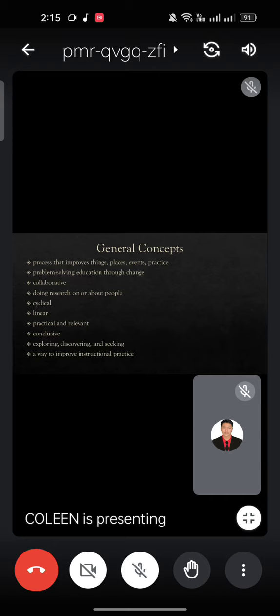Next, places. How can we provide a safe environment for our students? And events. What programs or activities will contribute to the holistic development of the students? Next, practice. This may include the policies implemented by Arellano University.